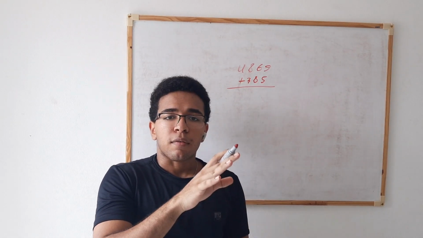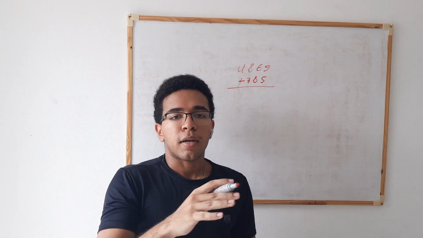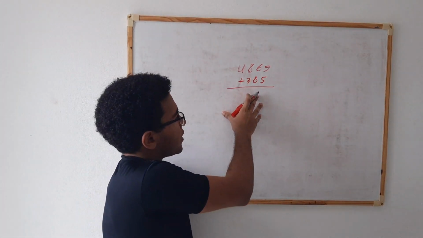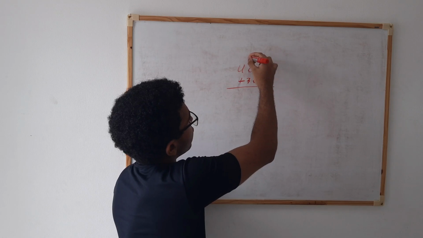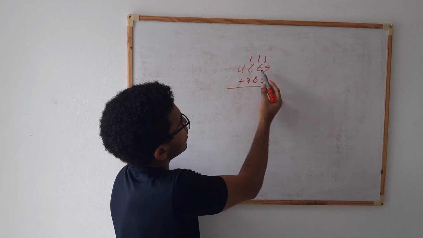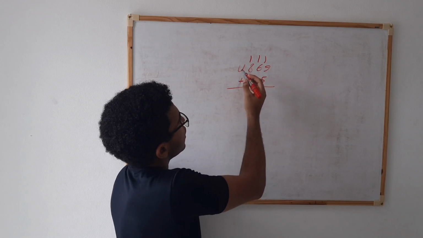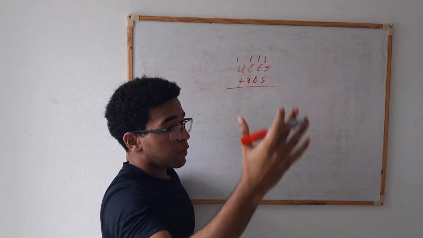Also, in the video about numbers, we will see about orders and classes, but let's see them in practice, okay? So we know that orders are separated like this. Here we have 3 orders, which are the units, the dozens, the hundreds. Here's the order of the thousands, the units of thousands.